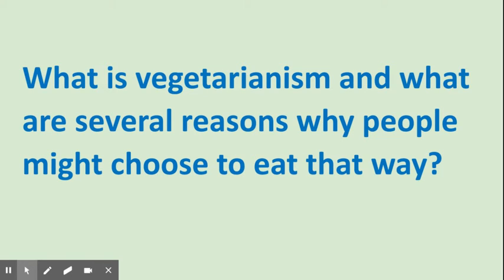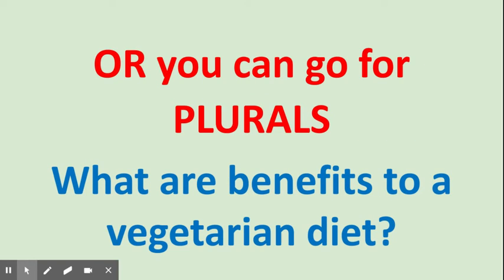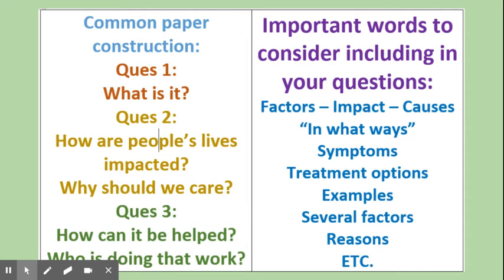What is vegetarianism, and what are several reasons why people might choose to eat that way? This would be a great open question, right? It's nice and long. I could stretch that answer out to about 2 pages. Or you can go for plurals. Instead of saying what is a benefit to a vegetarian diet, you can put that plural there. What are benefits to a vegetarian diet? That gives you room to explore and something to write about.